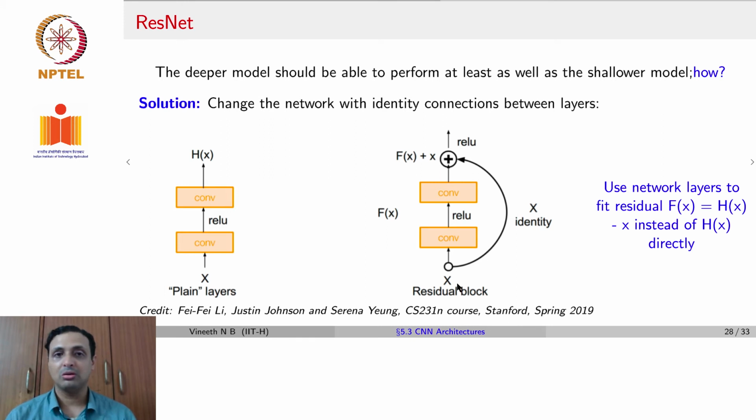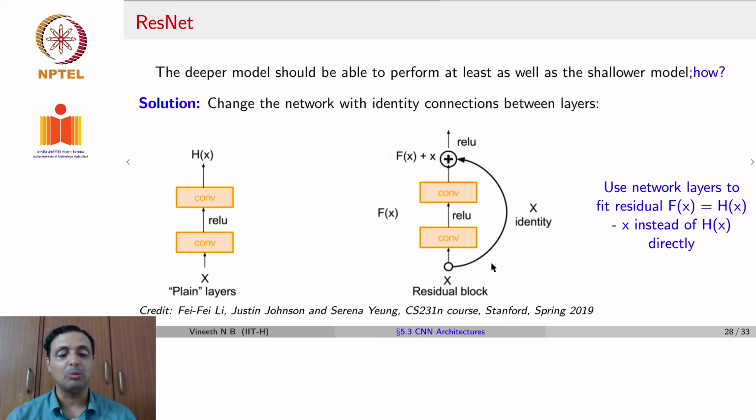But in a residual block, X goes through a conv layer, a ReLU, a conv, just as in the vanilla CNN, but they also have a side channel to take the input X as it is and add it up here 2 layers later. Which means what was originally the function h of X now becomes f of X, which is the new transformation that happens through these layers, plus an X that comes directly here and gets added at this layer after the conv.